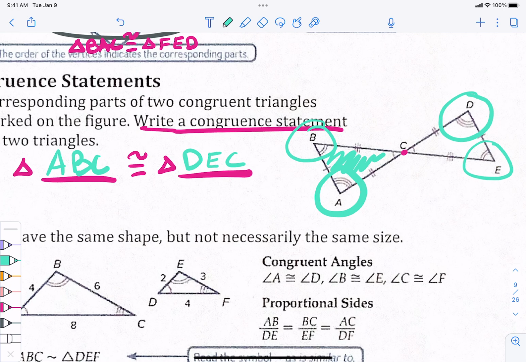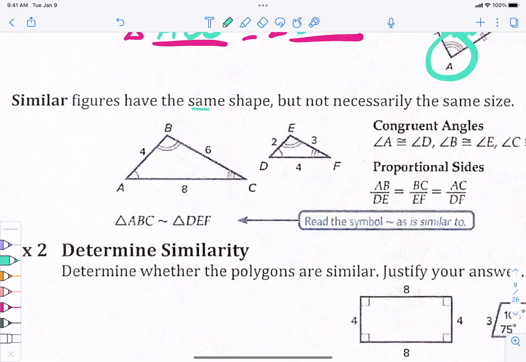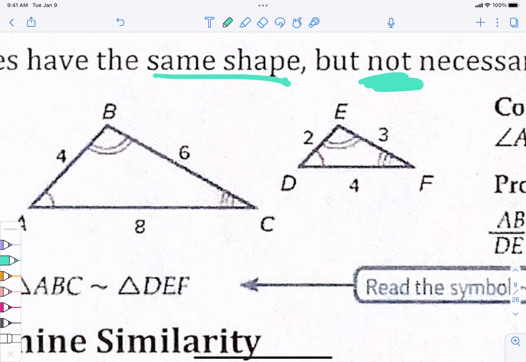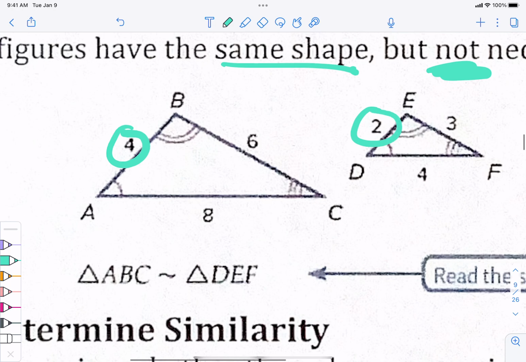Done talking about congruent. Okay, now we have similar figures, which we said was the same shape but a different size, right? Not the same size, okay? Same shape, different size. Here's how this works. We have one object that is bigger than the other object. The one on the left is bigger, and this side right here is 4, and this one is 2, right? 4 is corresponding to the side 2, right? So what have we done to get from here to here?